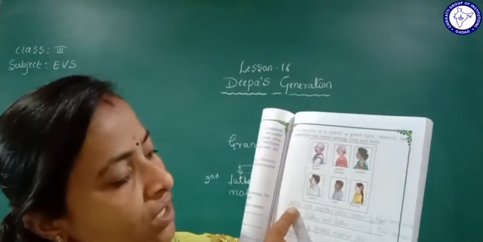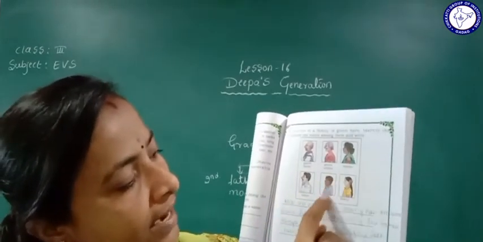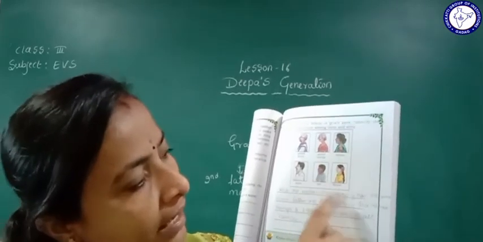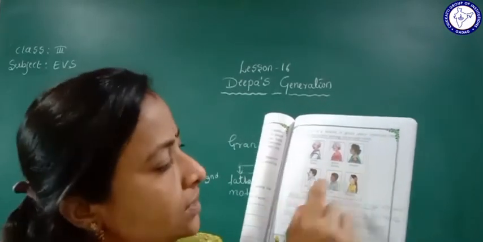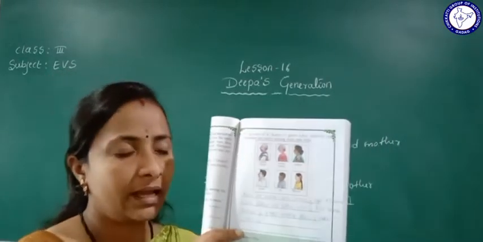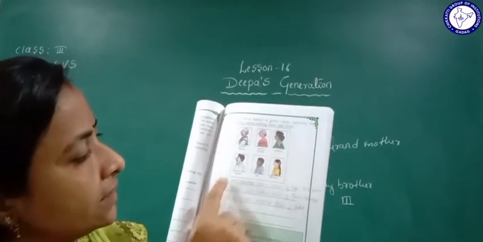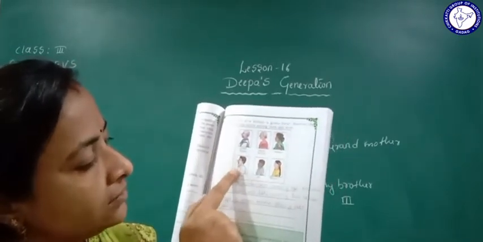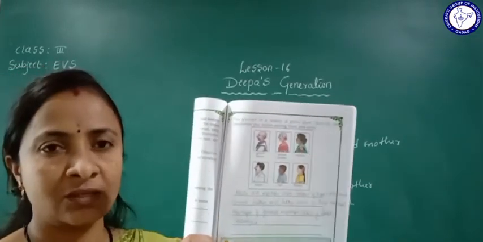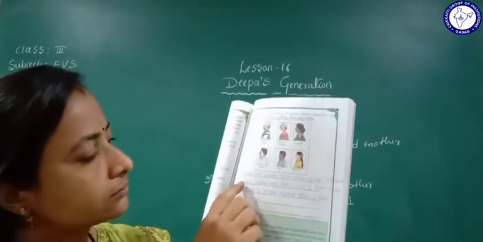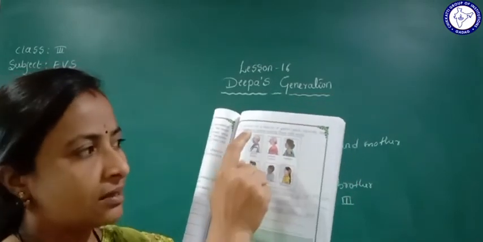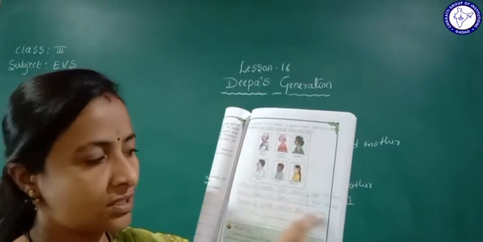Here, Ravi and mother: their skin color and hair are the same. Understood? These are two members whose skin color and hair are the same. Next, grandfather and father: the nose and face are the same. Grandfather's nose and father's nose are the same.